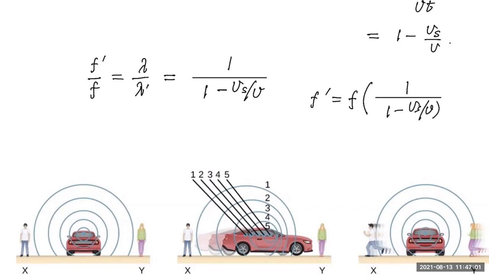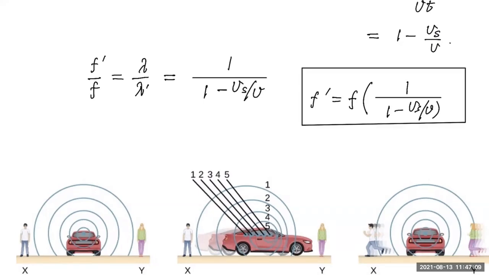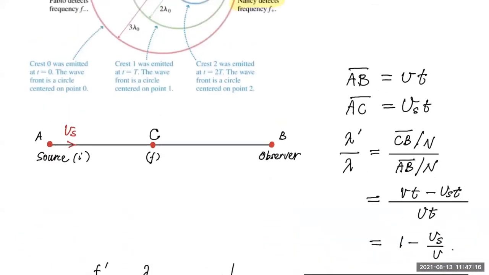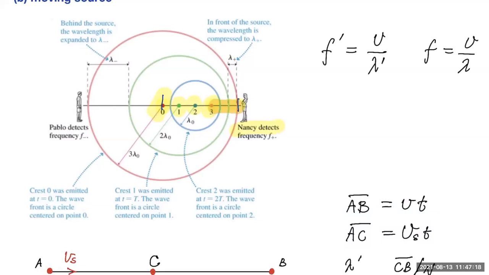You notice this formula is different from the one we found earlier for the motion of the observer, because the mechanism is different. Here you have the motion of the source squeezing the wavelengths. In the first case, you have the moving observer picking up an extra number of wiggles. It's different.